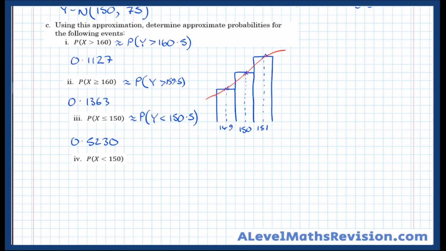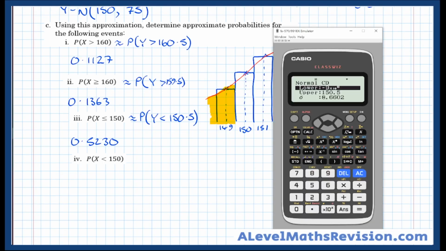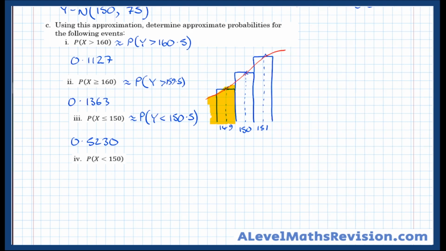So on this one, the probability that x is less than 150, we're excluding all of the 150 bar. So we're going to start here. If we're excluding all of 150, we're starting at 149.5, which is going to be the upper bound. 149.5 is 0.4770.